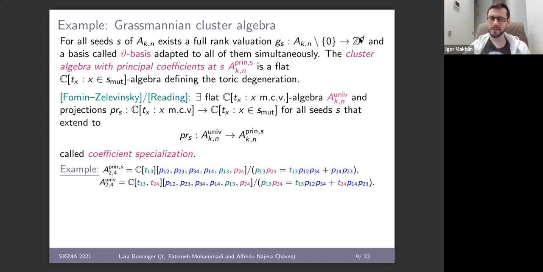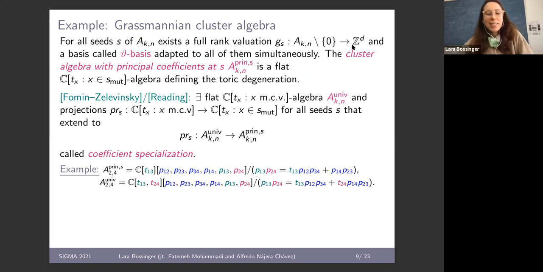Thank you. So the image of the valuation is always the whole space, and that's what you mean by full rank valuation, right? With full rank, I mean that the image as a vector space generates the whole space. The dimension of the image is d. Exactly.